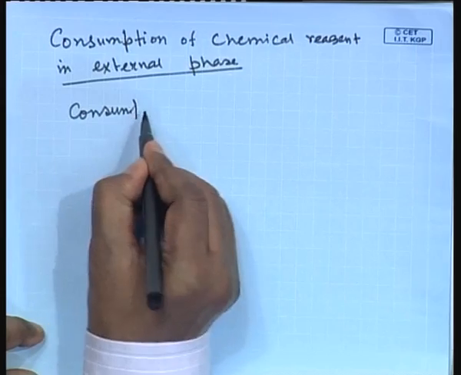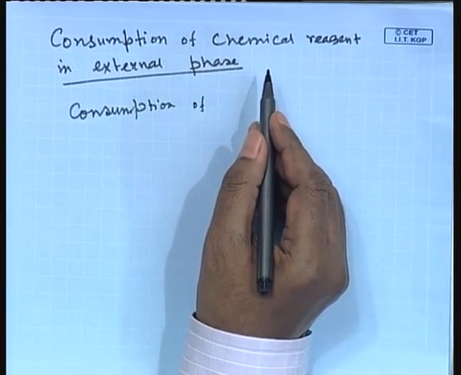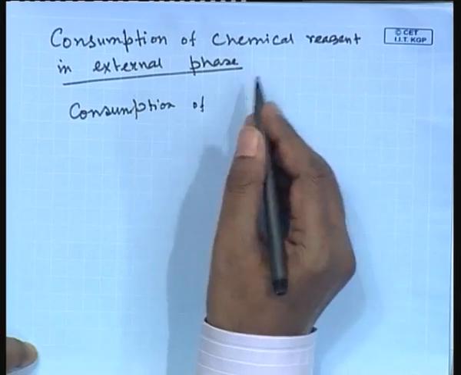So, it is very important to quantify the amount of chemical reagent that is present in the internal phase or external phase so that things keep going on. Okay. So, consumption of sulfuric acid. I am talking about the example of the phenol system, with sulfuric acid in the external phase and sodium hydroxide as the internal phase.